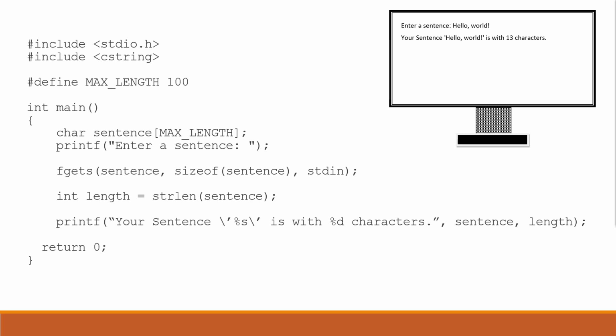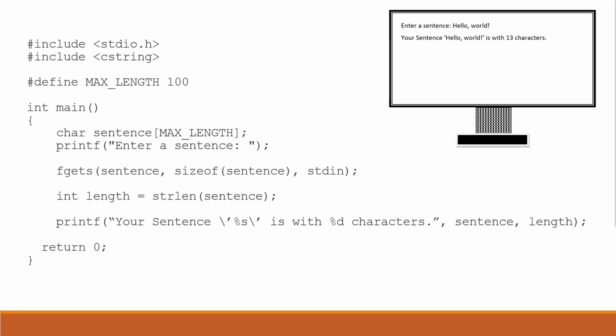Here's a breakdown of each part of the fgets function call. fgets is a function in C used to read a string from a specified input stream. sentence is the destination buffer where the input string will be stored. In this case, it's the character array sentence. sizeof(sentence) specifies the maximum number of characters that can be read and stored in the sentence buffer.